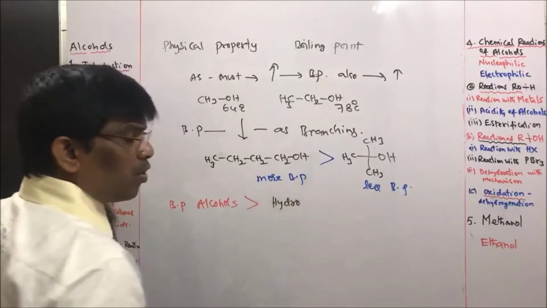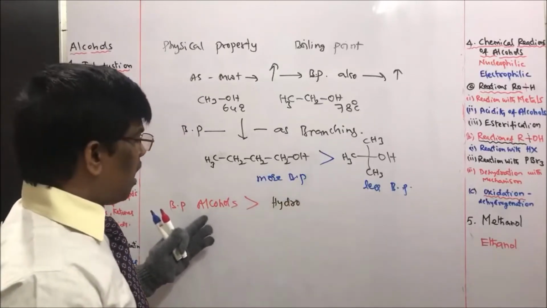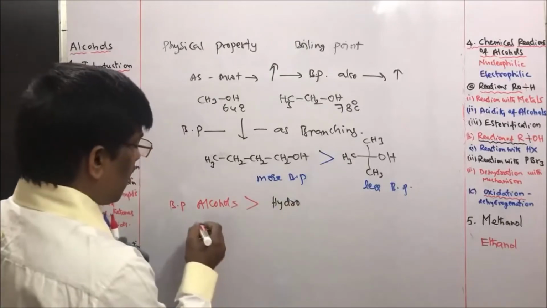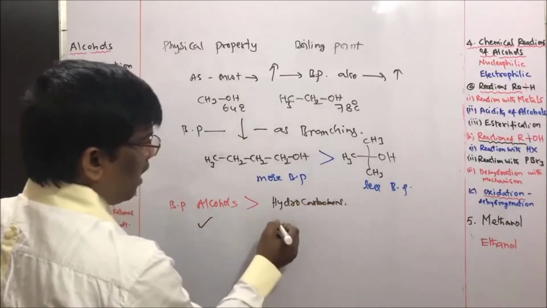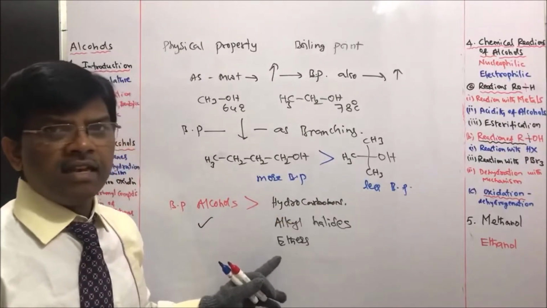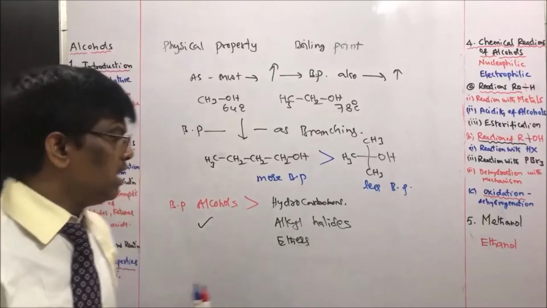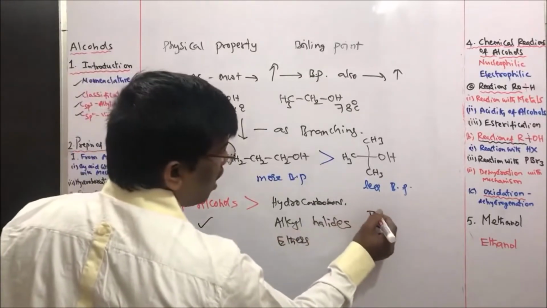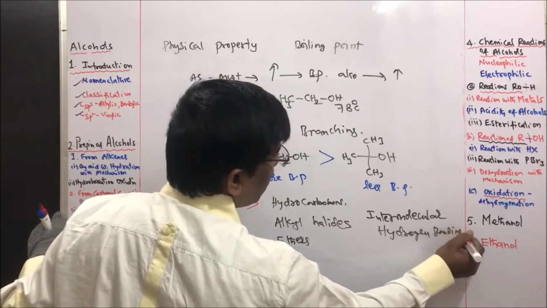If you take compounds of the same molecular weight, alcohols have higher boiling points than hydrocarbons, alkyl halides and ethers. Then why do alcohols have high boiling points? Because of intermolecular hydrogen bonding. What is intermolecular hydrogen bonding?